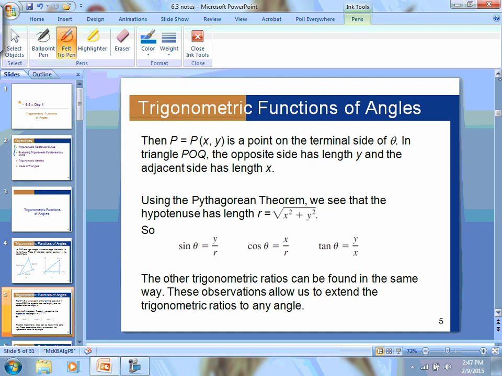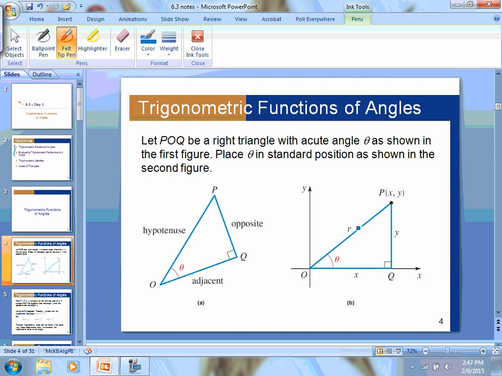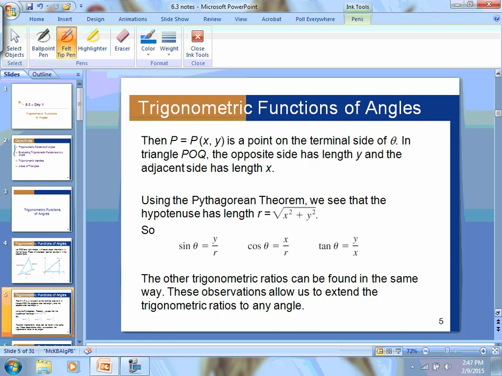Okay, and again, r is just that radius or the hypotenuse. So it's still the opposite over the hypotenuse, or the adjacent over the hypotenuse, or the opposite over the adjacent. It's still the same concepts, it's just now with different variables instead of the words in those locations for our ratios.